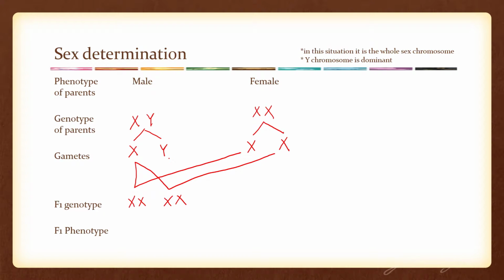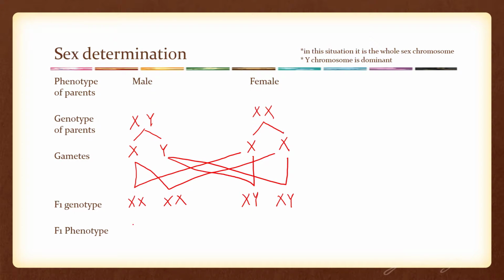While this sperm, it's possible for it to fertilize this egg, which will result in XY chromosome, and this egg. So it will be XY.